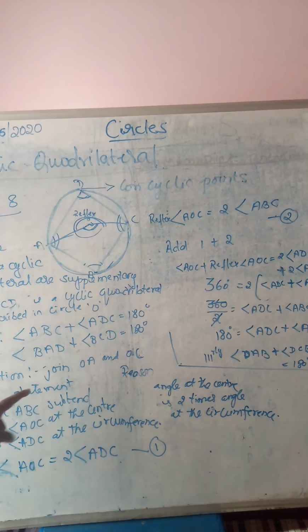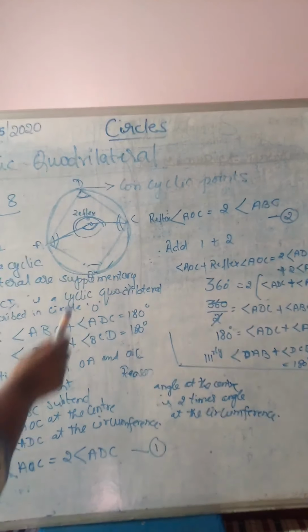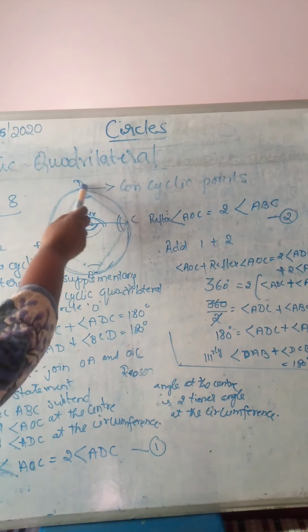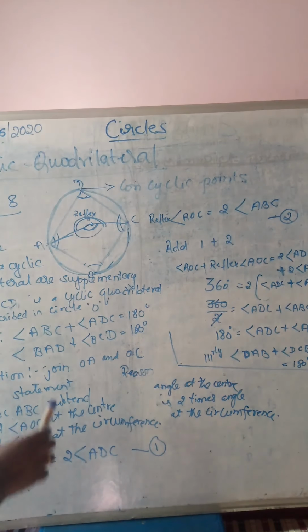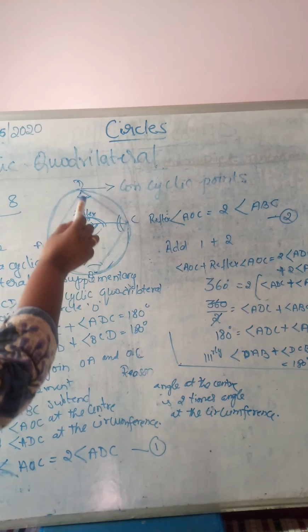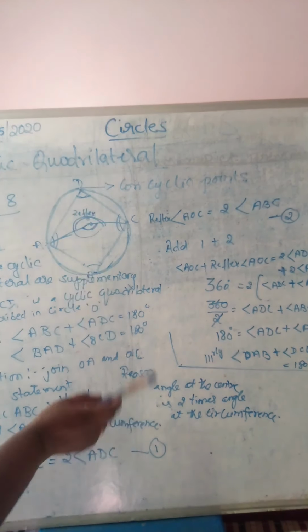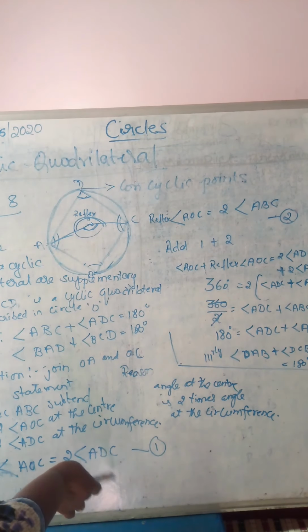Now the proof, that is statement and reason. Arc ABC subtends an angle at the center and an angle at the circumference at D. When this happens, the angle at the center is twice the angle at the circumference. So I have taken angle AOC is equal to 2 times angle ADC.